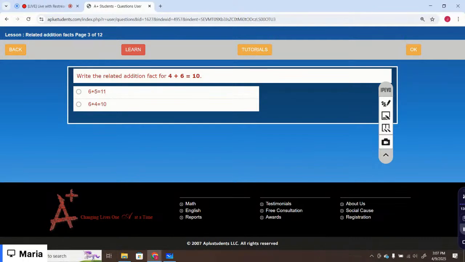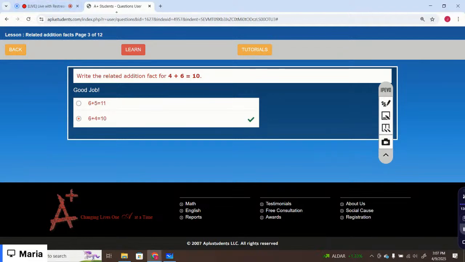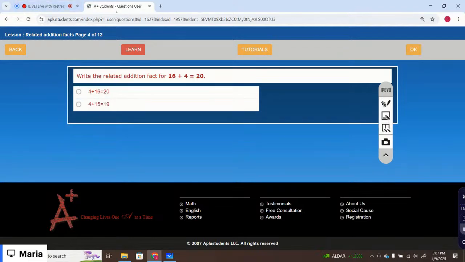Write the related addition fact for 4 plus 6 equals 10. Option number 2 is the correct option. That is 6 plus 4 equals 10. Write the related addition fact for 16 plus 4 equals 20.